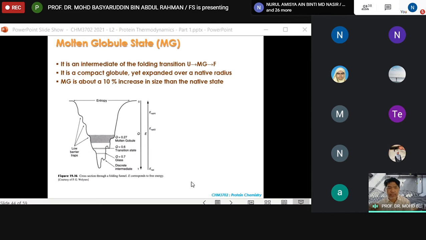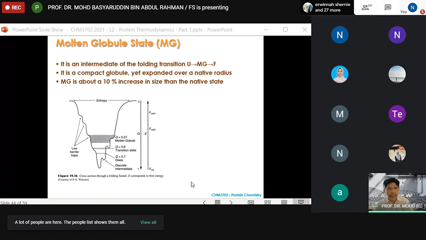In this case, the molten globule is one intermediate lying on the kinetics and sometimes thermodynamics. It can be both ways between the native and unfolded state. We know that this is native and this is unfolded, so it is very important information that we can understand. We're talking about the intermediate.